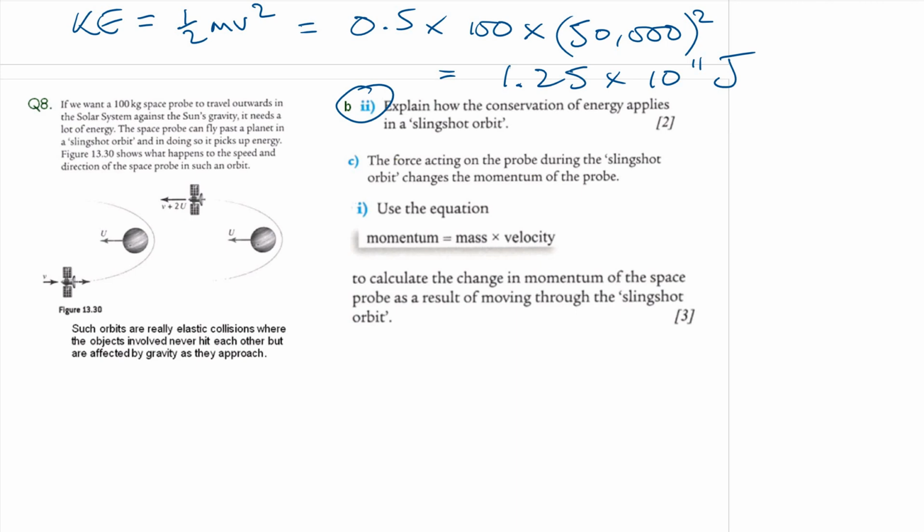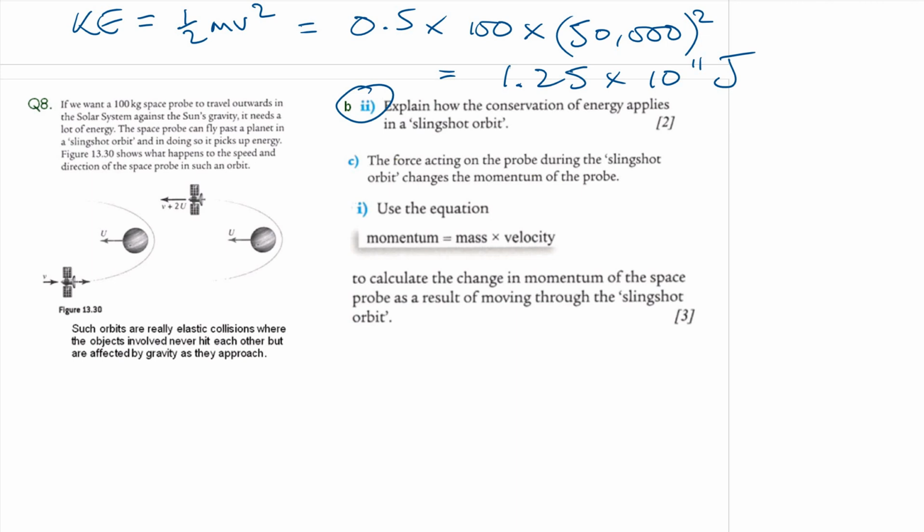So yes, the space probe speeds up considerably. The planet does slow down, but by an absolutely tiny fraction, because remember, momentum is mass times velocity. Okay.